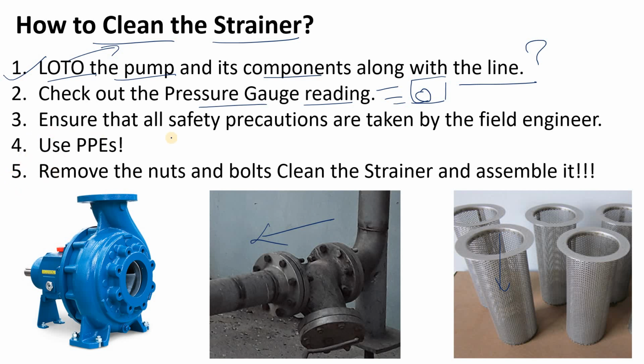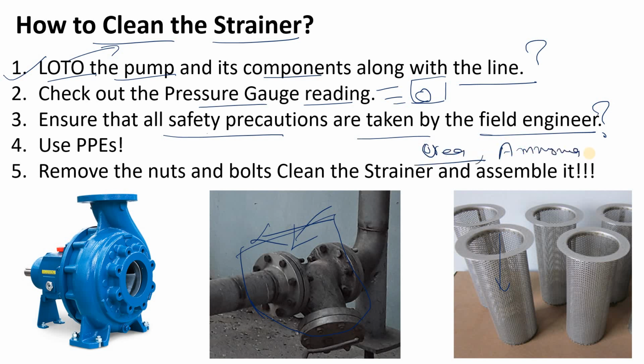Then we will ensure that all the safety precautions are taken by the field engineer, like who is working here and who will supervise this work. Suppose there is any fluid which is hazardous and toxic as well, like ammonia, H2S, and any other fluid. Urea is not toxic, but it could also damage.